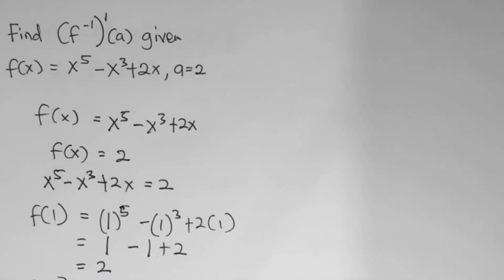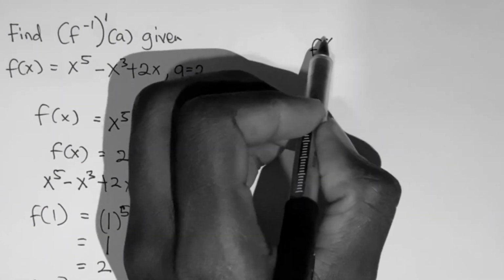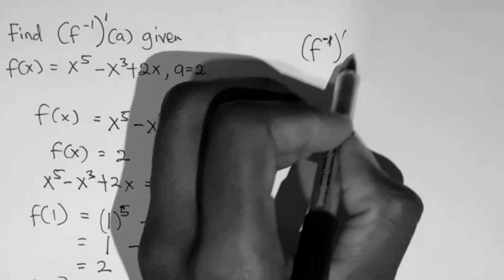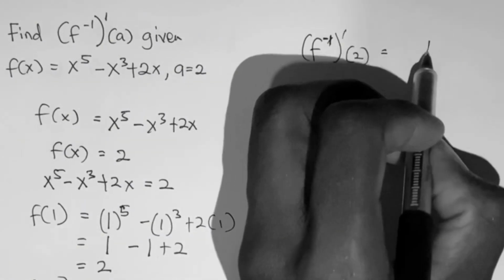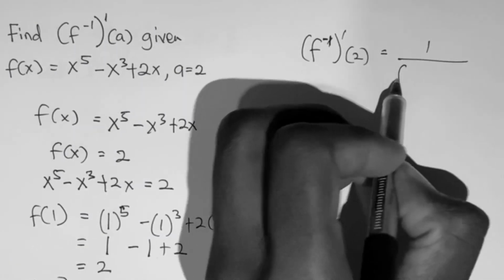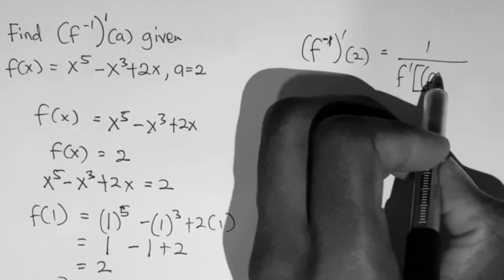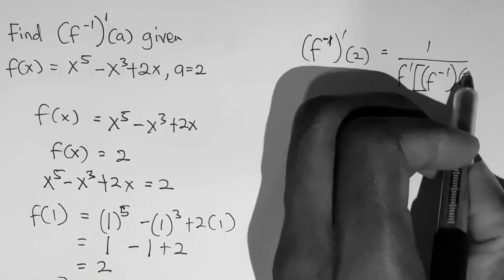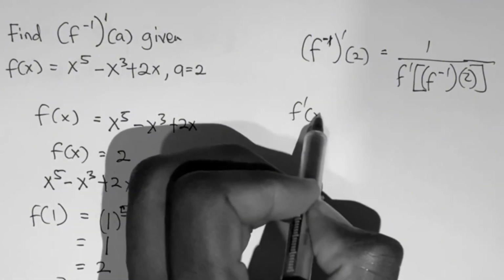So now we can then use the formula. We know that f inverse prime of a, in this case of 2, is equal to 1 divided by f prime of f inverse of 2. So now let's find f prime of x.